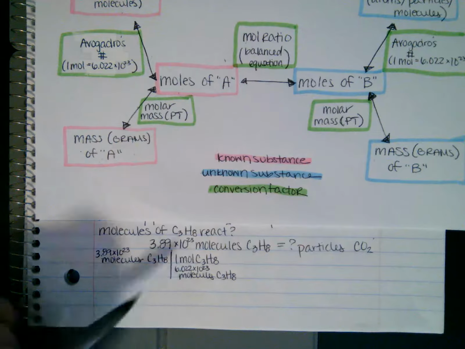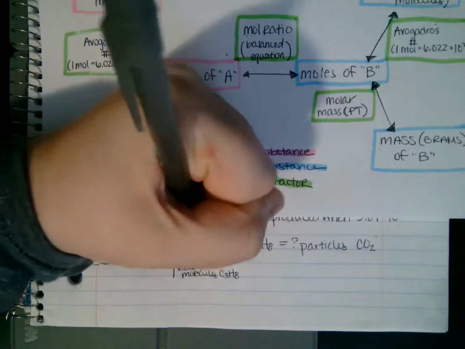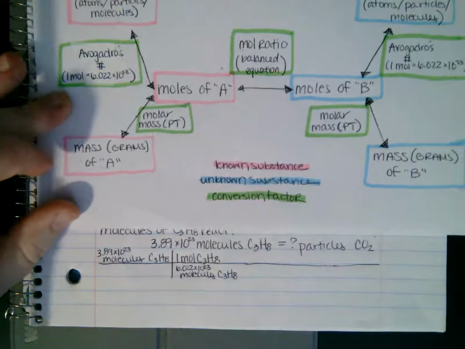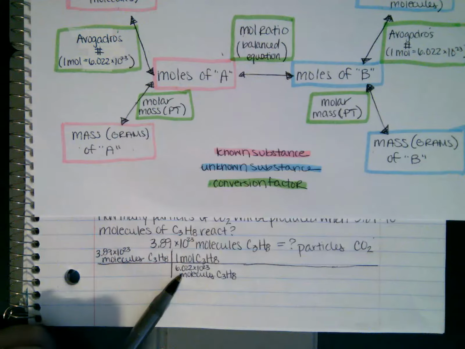This is the line for my T-chart. So 1 mole of anything has Avogadro's number of those things.